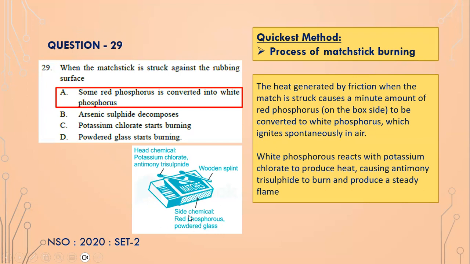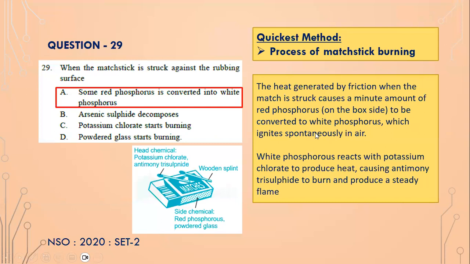When you strike the match head on the side of the matchbox, heat is generated by friction, isn't it? Some of the red phosphorus is converted to white phosphorus, and white phosphorus instantaneously ignites in air.